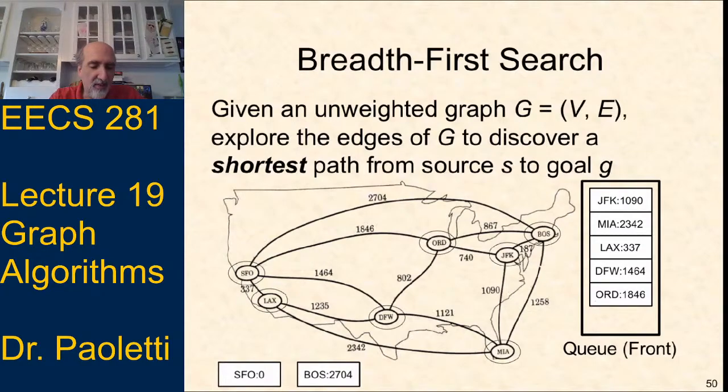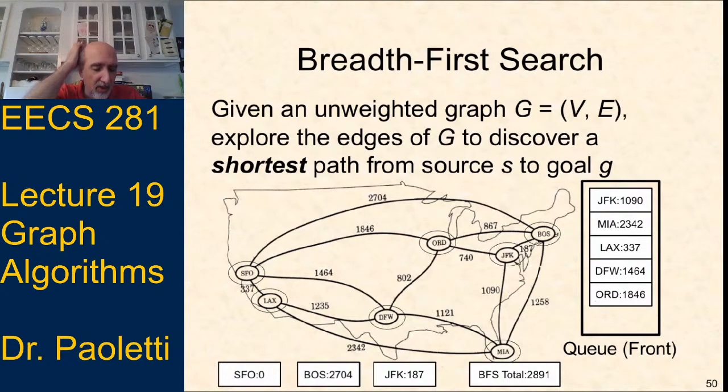And then if we keep track of and stop when we add the goal, then we could stop right here and say, hey, I just added JFK, that's my goal. I don't have to wait until I take it out. So it really depends on how we write the algorithm. And then we get a total of 2891, which I believe is cheaper than the other one we had done.